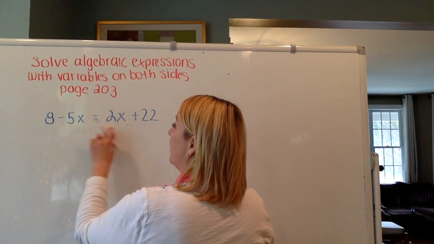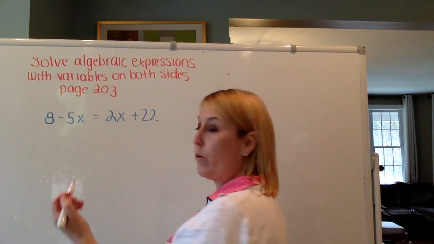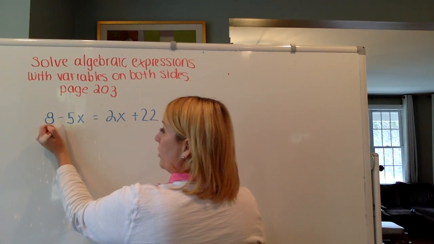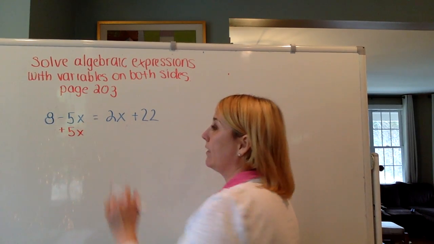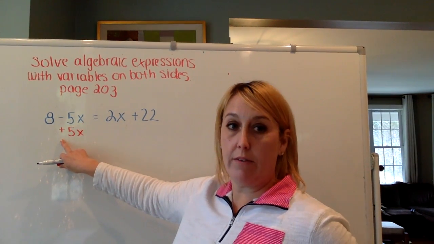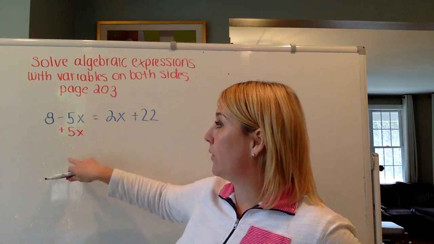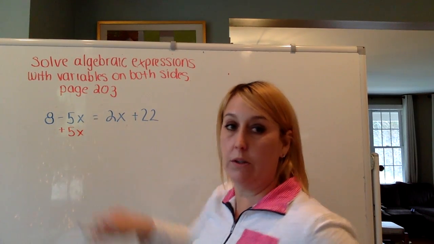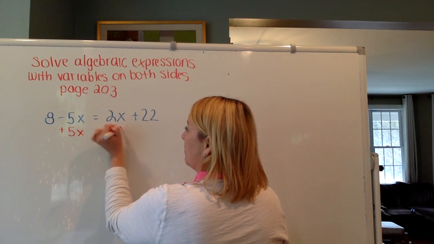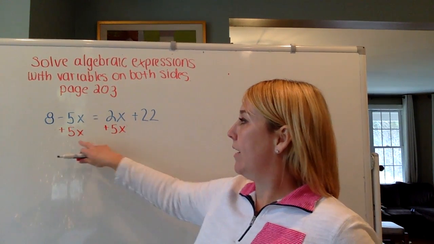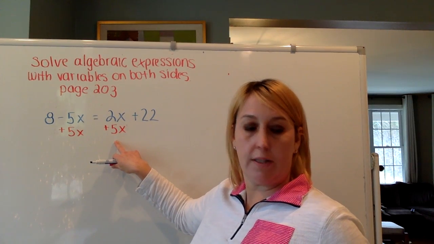Because if we move negative 5, what we're going to do is the inverse operation. Instead of subtracting negative 5, we're going to add 5x. So that's going to cancel that out to be equal to 0. And since we add 5x on that side, we need to add 5x on this side, right?